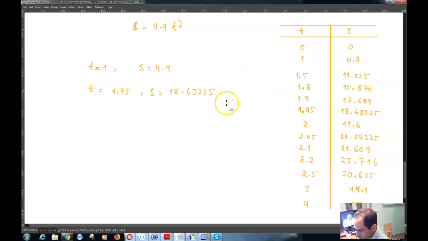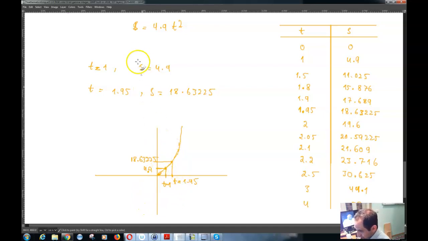So now I have these 2 points on the graph of the function, meaning that if I drew the graph of the function, I would have some function like this, and suppose that this is t is equal to 1, this point over here, and the output over here would be 4.9. Then I have this input over here, for example, t is equal to 1.95, and the output over here would be 18.63225.